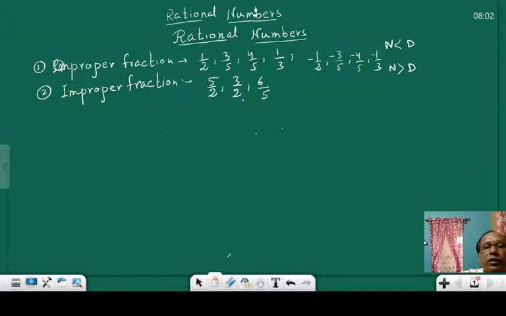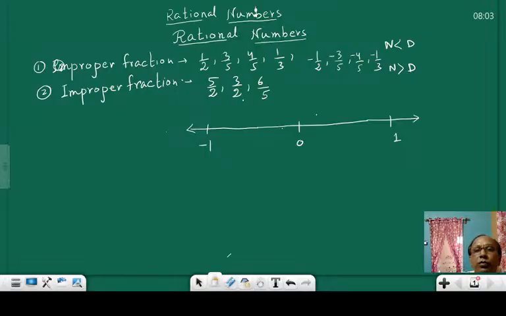Representing all these on a number line, this is a proper fraction, therefore we can represent it between 1 and minus 1. This is 1, this is minus 1, and minus 1 by 2, minus 3 by 5, minus 4 by 5 and minus 1 by 3.